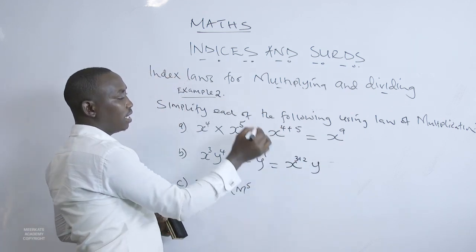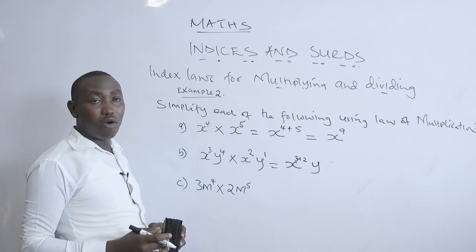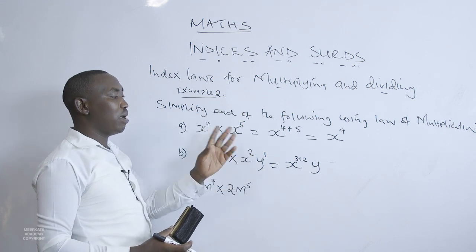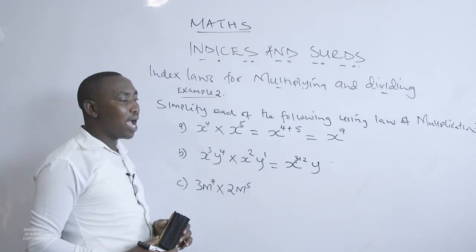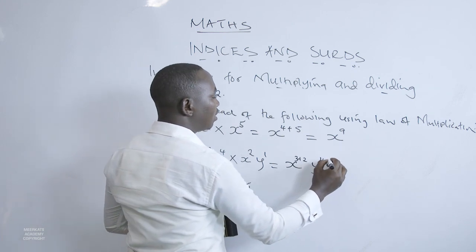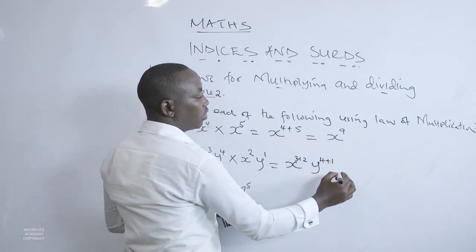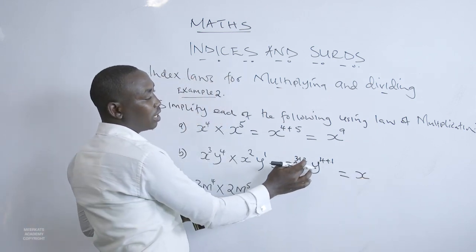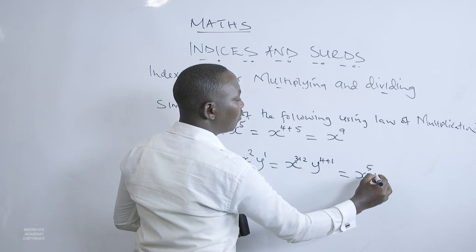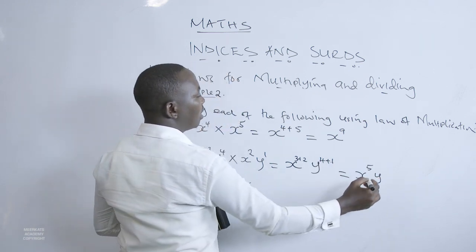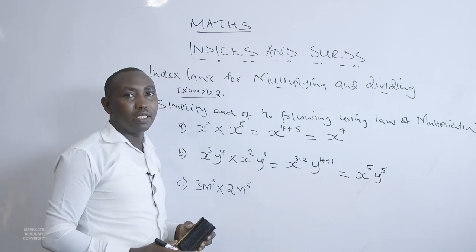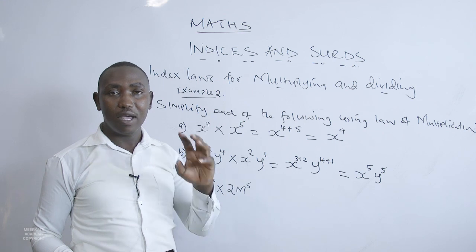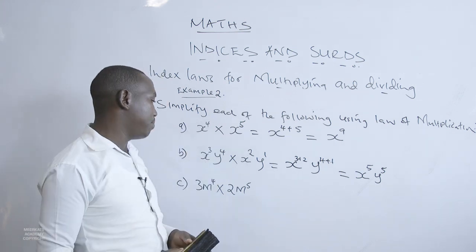For y, it is like y has been raised to the power of 1, so for y power 4 multiplied by y power 1, we add the powers, 4 plus 1. When we simplify, x gives us 3 plus 2, which is 5, and y, 4 plus 1 is 5. So the answer is x raised to the power of 5, y raised to the power of 5 in index form.